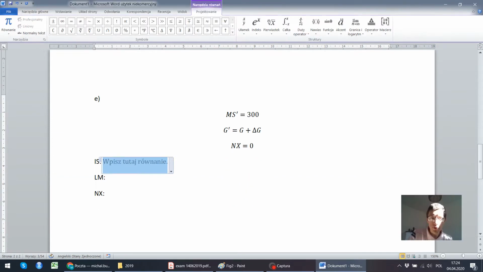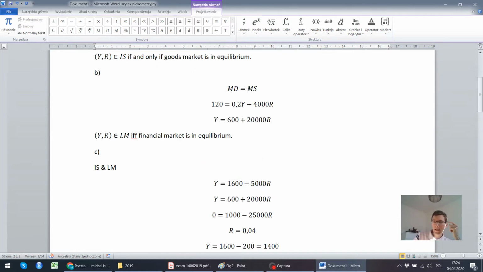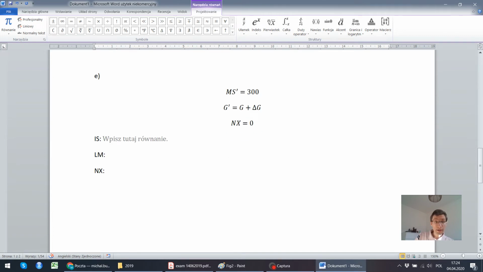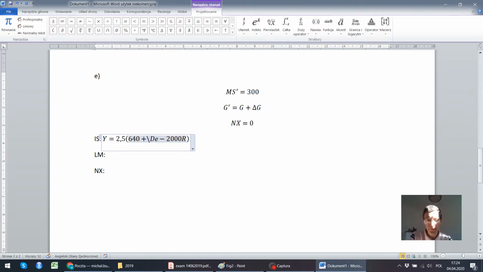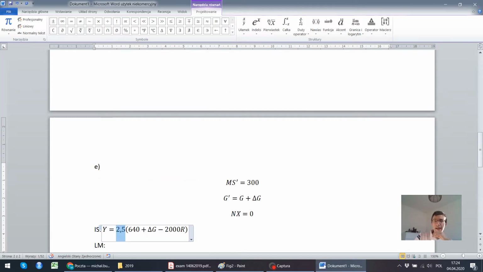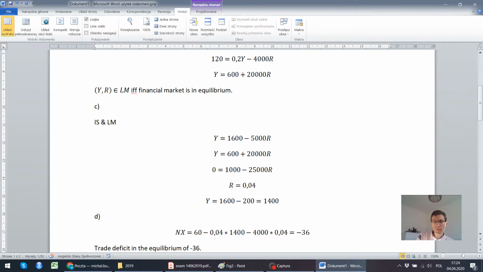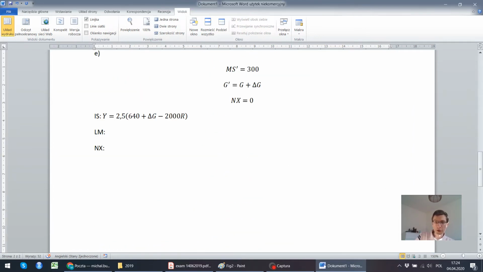Okay, so let's first focus on the IS equation. And now it is very useful to go back to the notation that we had over here with the multiplier. Once again, remember there is a multiplier hidden in the IS equation. So every increase in governmental expenditures in the equilibrium has to be multiplied by the multiplier. If you put delta G in this form of the total demand equation, this is incorrect.